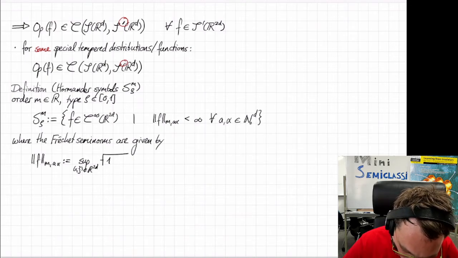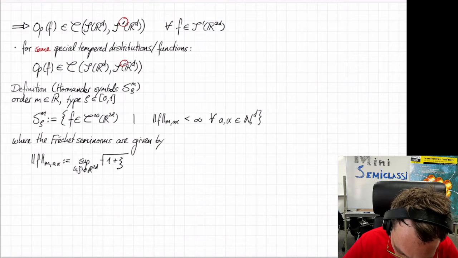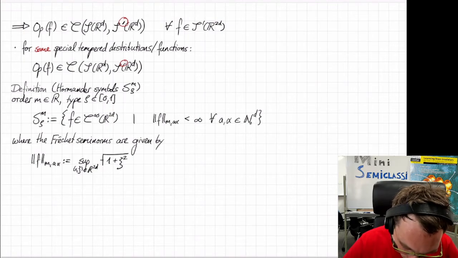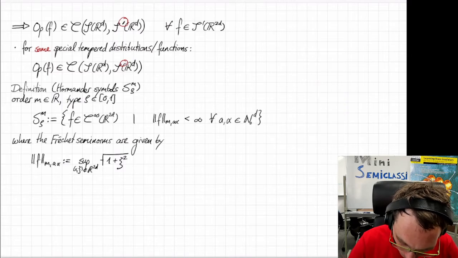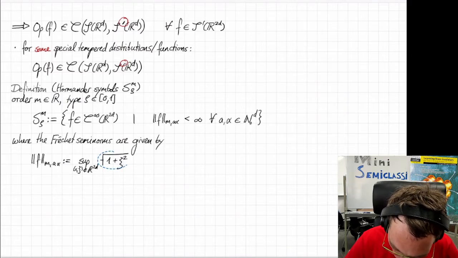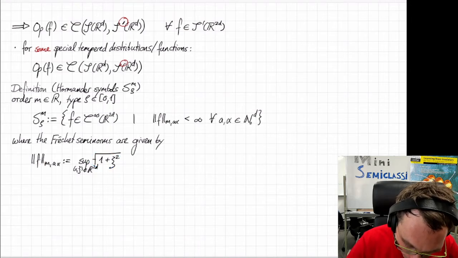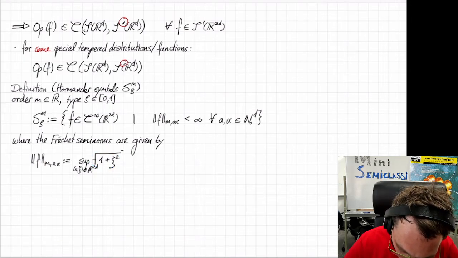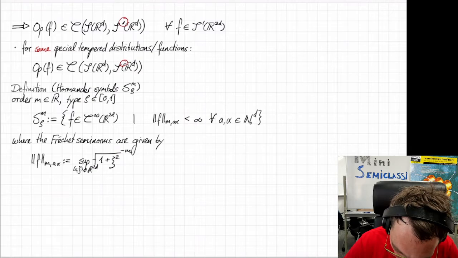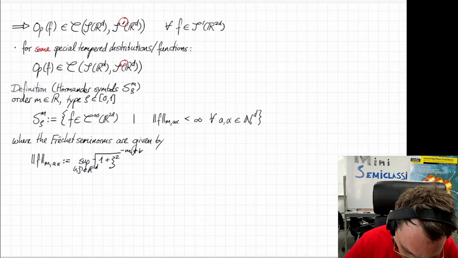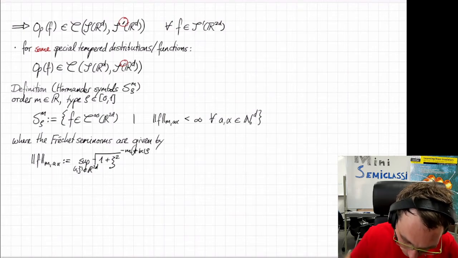So this is just 1 plus psi squared, and I'm taking this to the power minus m plus absolute value of alpha times rho.